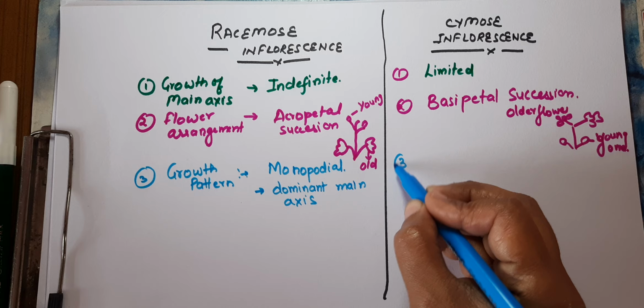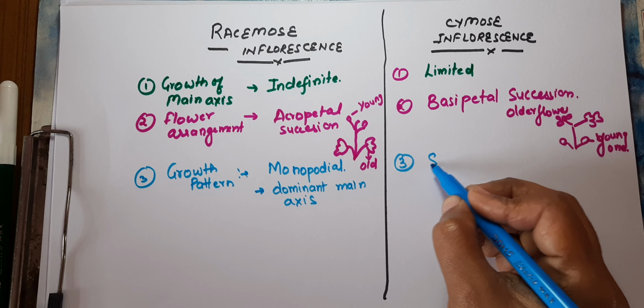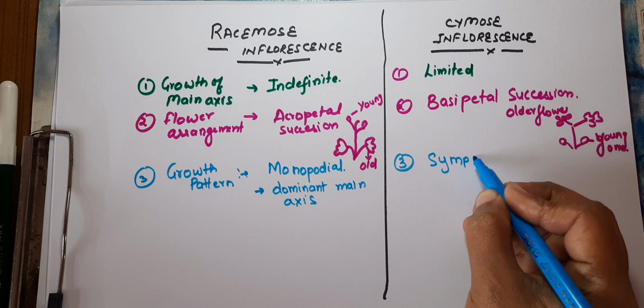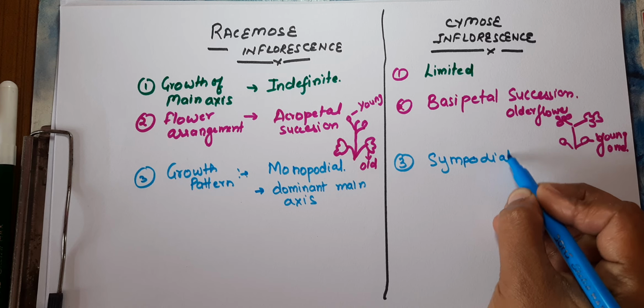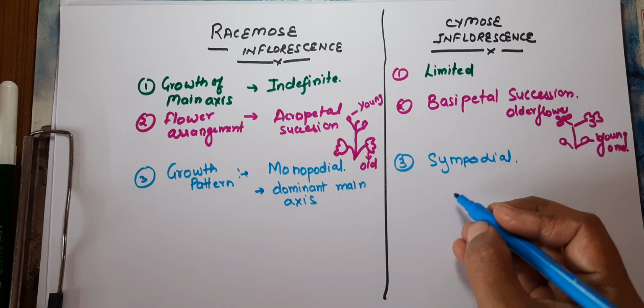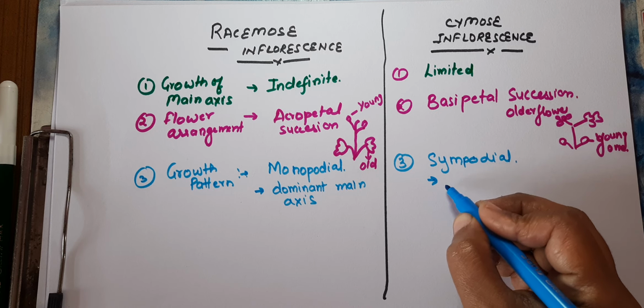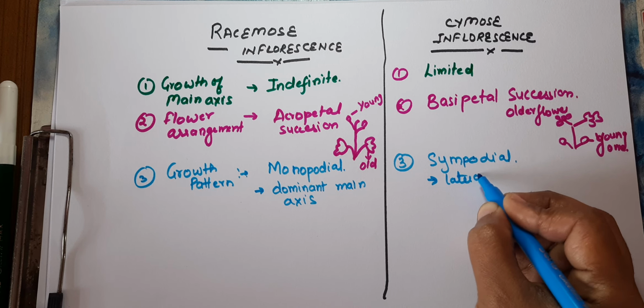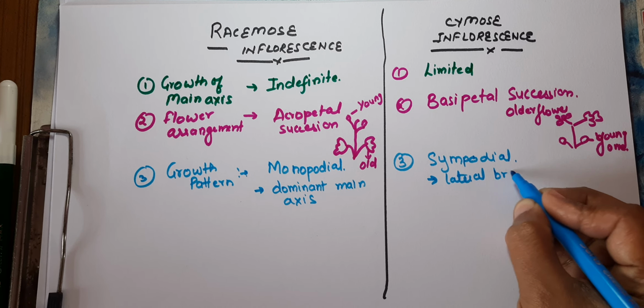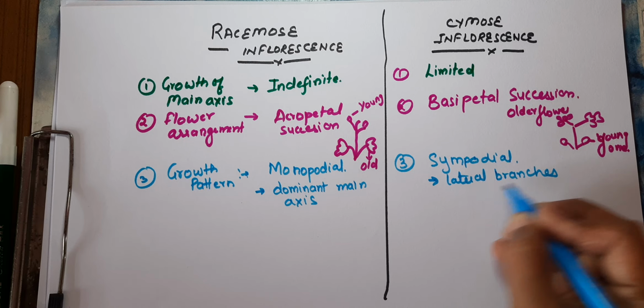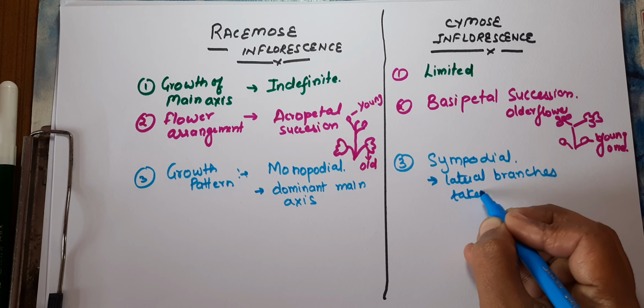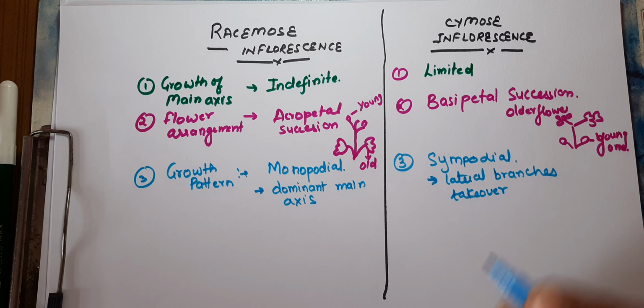Whereas the growth pattern in case of Cymose inflorescence is sympodial. So what does the sympodial growth pattern mean? It means the lateral branches will take over after the main axis stops growing.